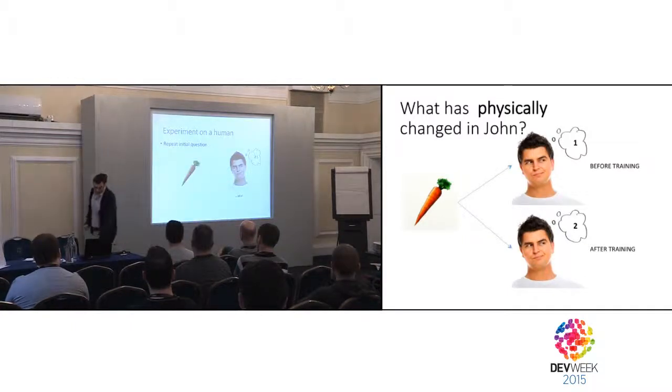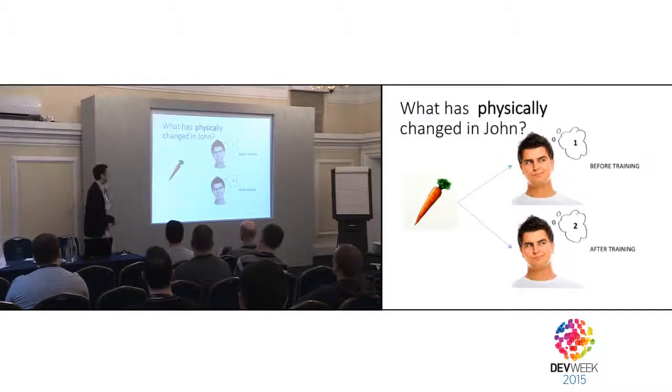Now let's consider what happened. We have this biological system before training and after training. As physics and common sense teach us, if the same system was presented the same input, the output must be the same.